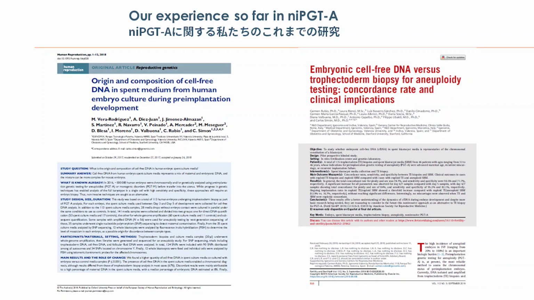We didn't understand why the embryo would release DNA to the media. So we started this study really to test if there was DNA or not in the media. Later on, this year in September, we published in Fertility and Sterility the improvements that we have made in the protocol and the results that we had.